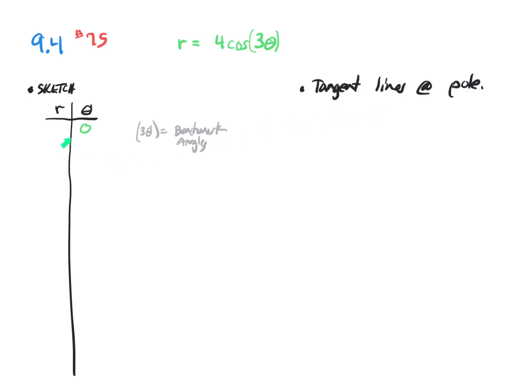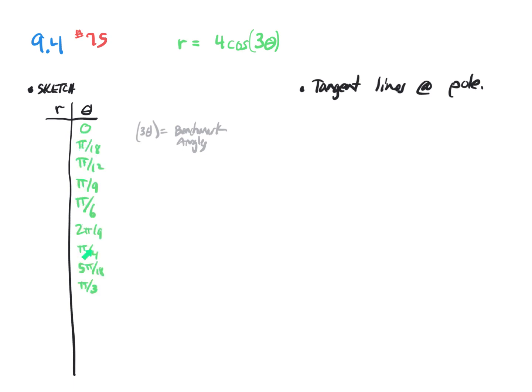All right, as we graph this without technology, we want to evaluate the cosine at benchmark angles, the ones from the unit circle. So we're taking cosine of 3 theta, so if we set 3 theta equal to the benchmark angles, we'll know all the values of theta to try in our chart as we make a rough sketch.